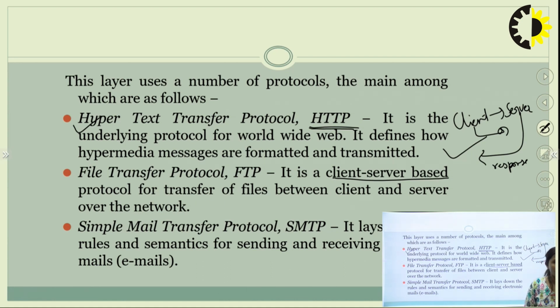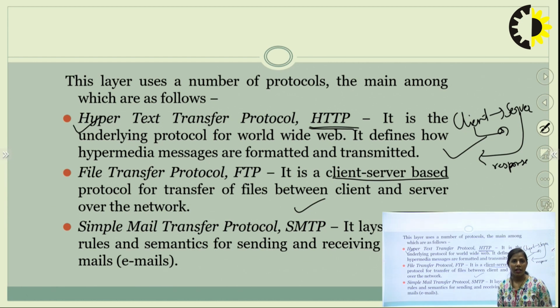The client requests the particular information and the server responds back in the network. It involves various files, documents, and folders, and how information is transferred through a file. This is done using the FTP protocol.